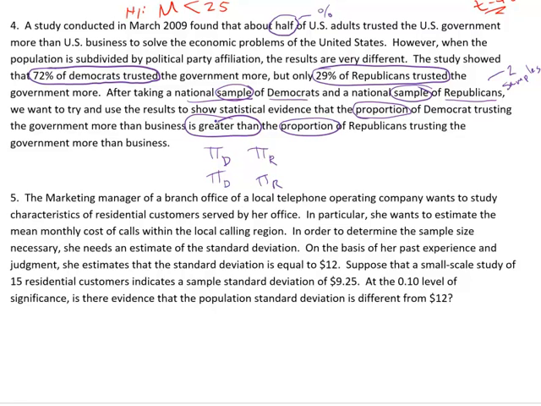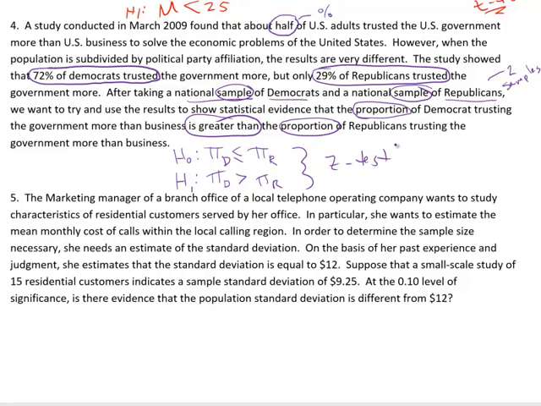And so that's going to be Democrat greater proportion than Republican. So that's going to put a greater here and a less than or equal to there. And so our null is on the top and our alternative is on the bottom. And since it's a proportion, we know it's going to be a z-test. And it's going to be a right tail z-test. And so that's number 4.